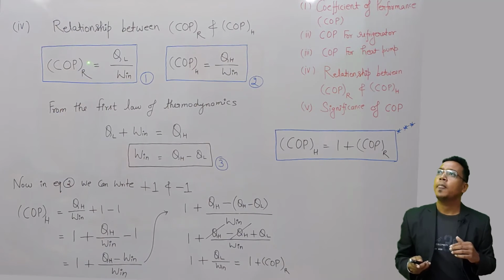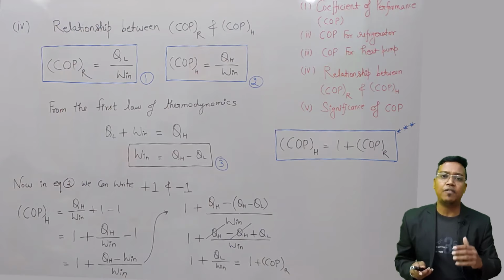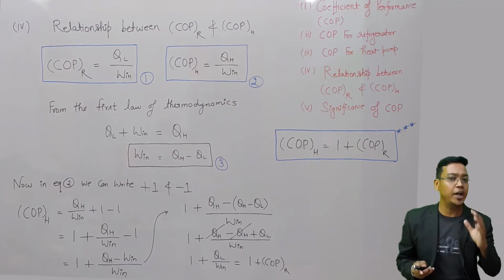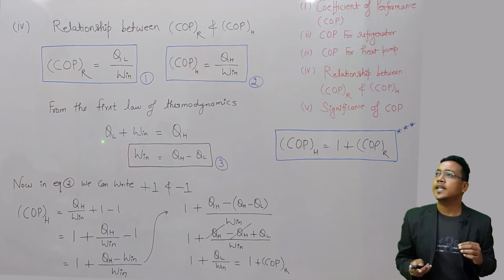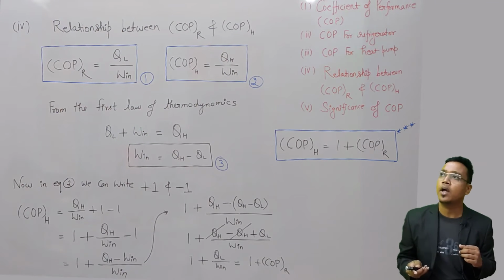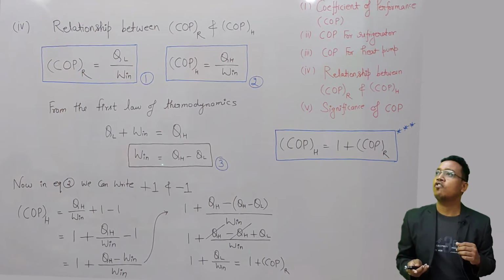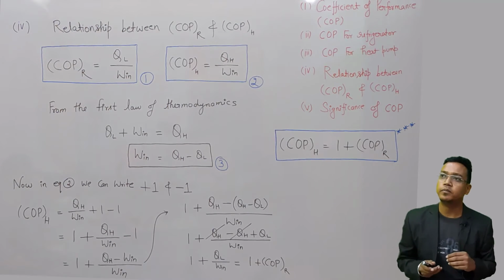So from the concept of refrigerator and heat pump, we can say QL plus WIN is equal to QH, because in both cases, this is the energy input and this is the energy output. So we can arrange WIN is equal to QH minus QL. This is equation number 3.